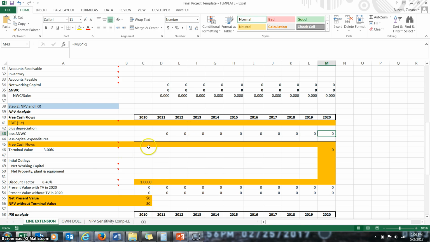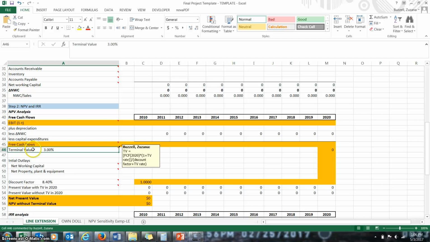So your free cash flow is EBIT plus depreciation plus the less items. These two numbers are negative, so you will add them. And effectively, as you know in finance, if you add a negative, you subtract it.